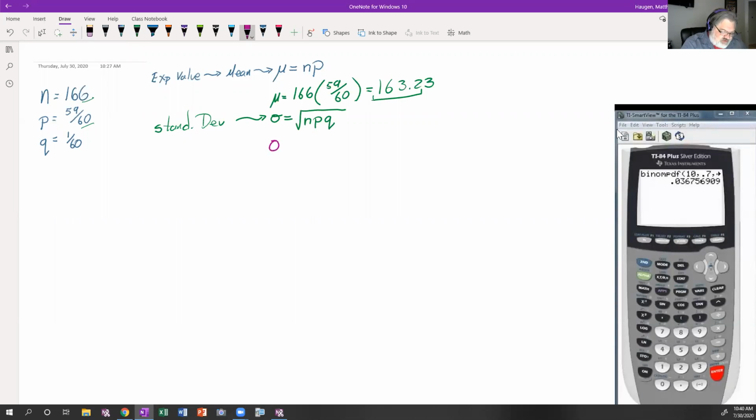As long as we have identified those values, we can plug them in. That's our 166 times our 59/60ths times our 1/60th. We have to be a little careful how we type that in, just because there's a lot of parenthesis management there. But that NPQ should be our standard deviation.